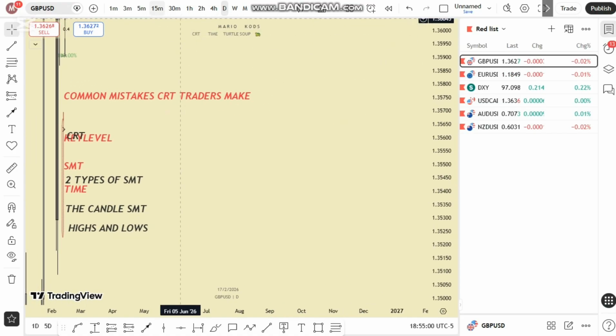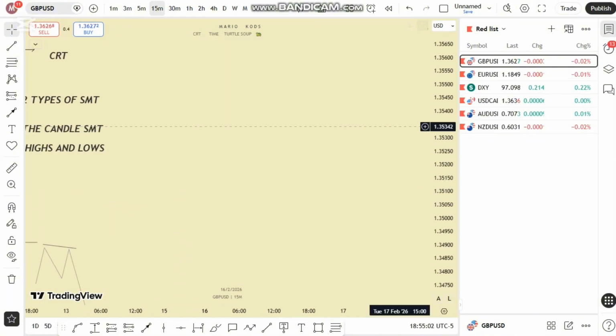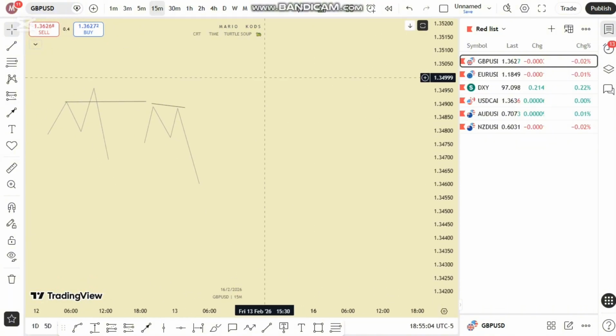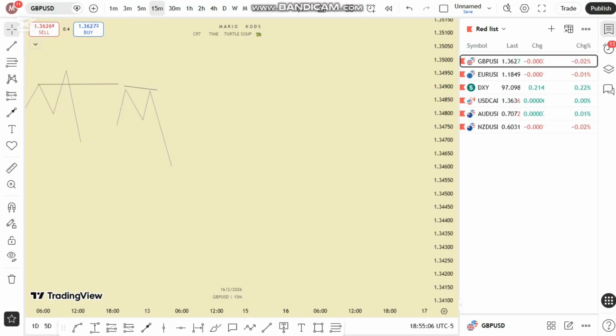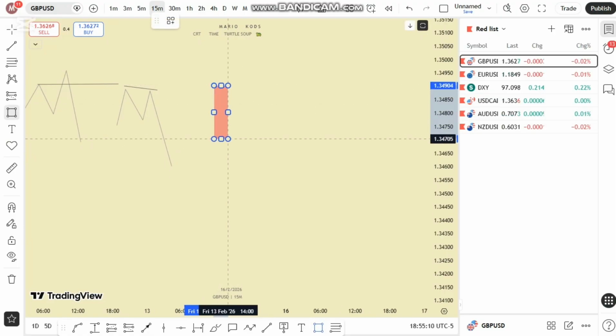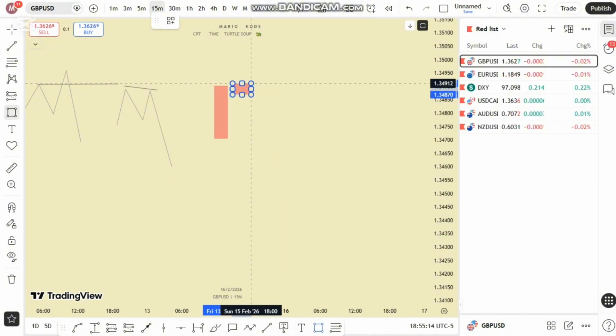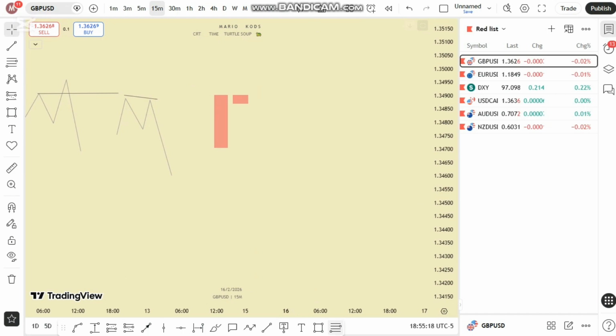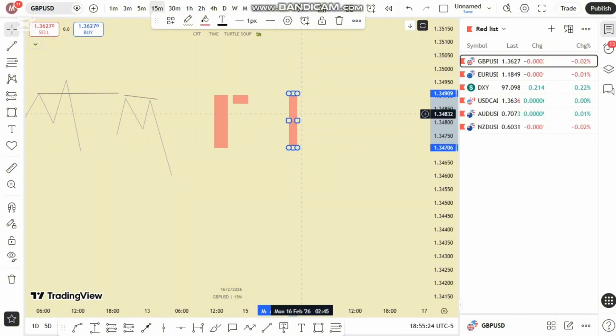Let's assume we had two assets. We only need two candlesticks, not three, because we all know that it's CRT. Candle one and candle two in the second asset.